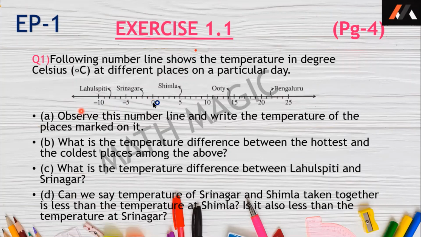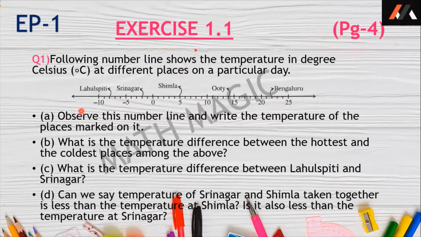For example, between 0 and 5, there are 5 places: 1, 2, 3, 4 and 5. So to find the temperature at each place, we have to move either towards the left or towards the right from the marked numbers towards the places.